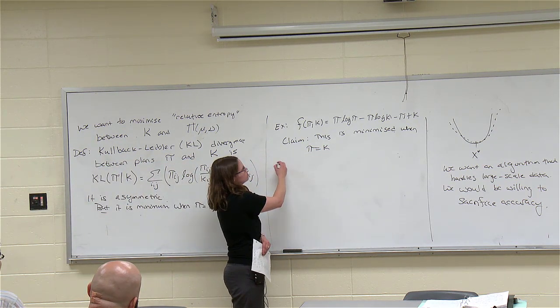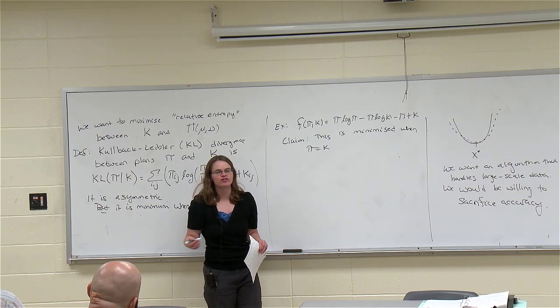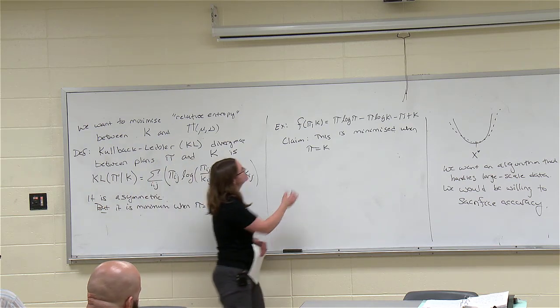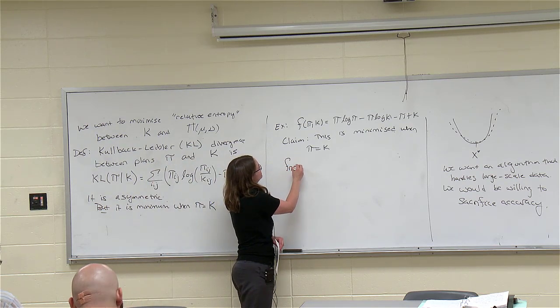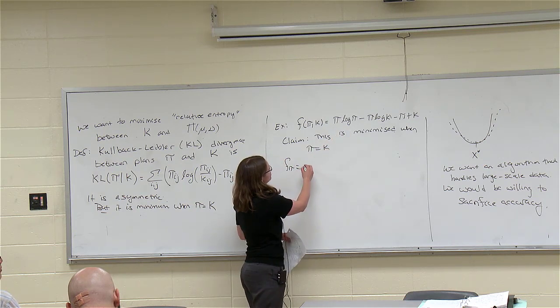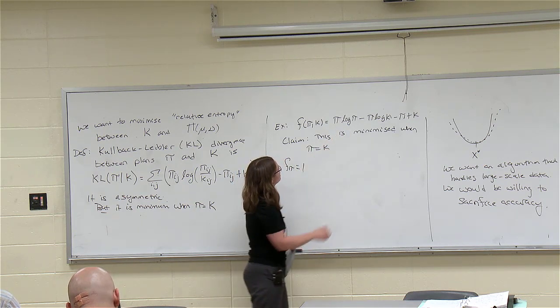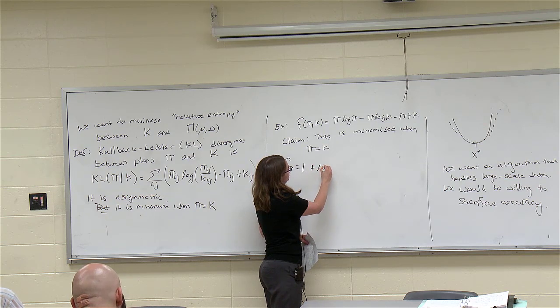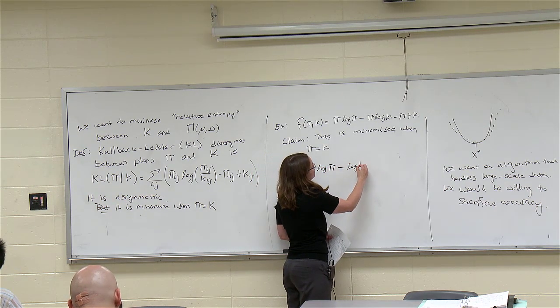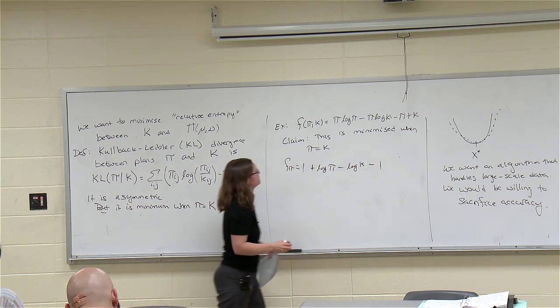Okay, there's nothing fancy about this. I'm just going to start computing some partial derivatives. So f sub pi is pi times 1 over pi, which is 1, plus log pi minus log k, minus 1.